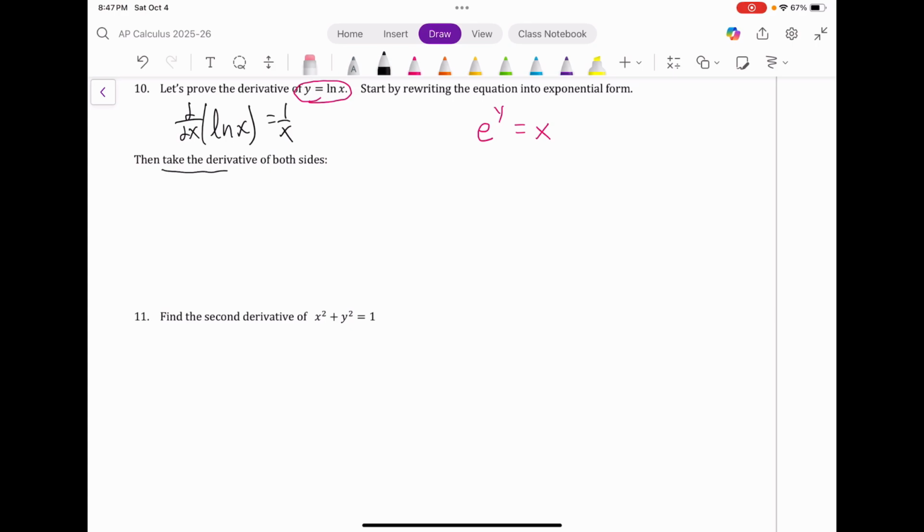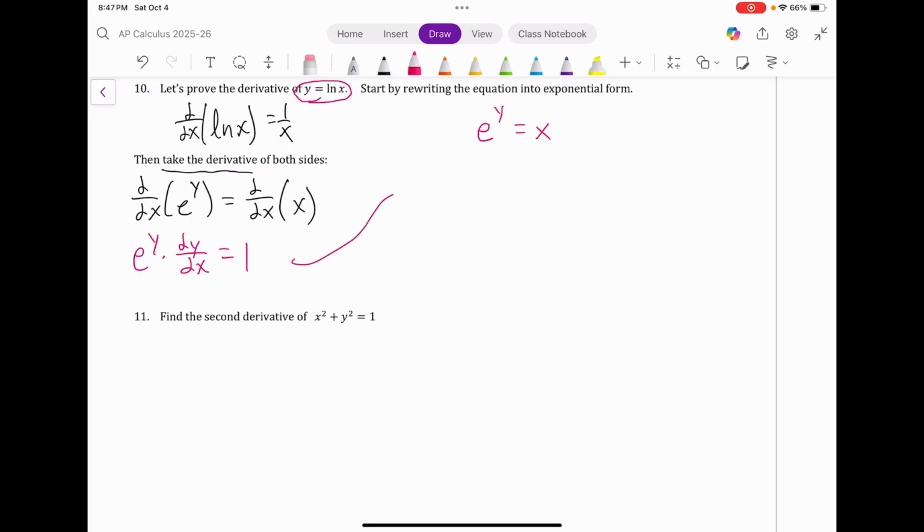We're going to take the derivative of both sides. So we're going to take the derivative with respect to x of e to the y, and then take the derivative with respect to x of x. Okay, so what's the derivative of e to the y? So that would be e to the y times dy dx, right? And the derivative of x is 1.